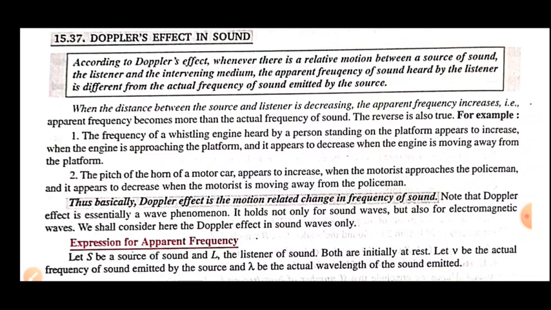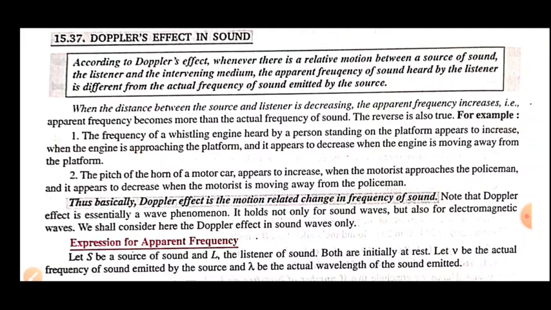But if the wind is flowing in the opposite direction, then we cannot hear up to that distance. So all these factors change the frequency that we are hearing. We are not hearing the actual frequency, we are hearing the apparent frequency. This is the impact of the change in frequency because of the relative motion of the medium, the observer, and the source. That is known as the Doppler effect in sound.